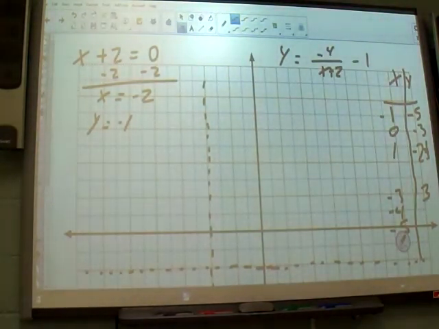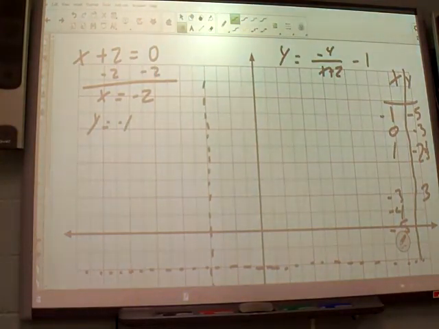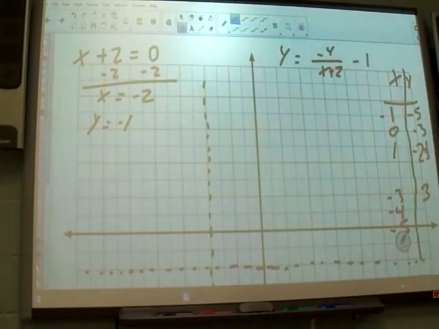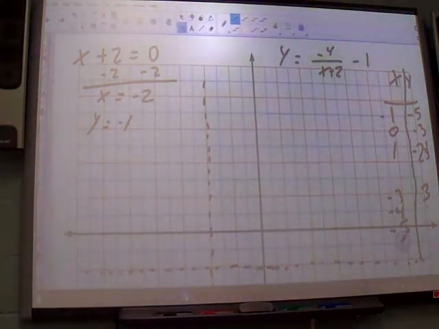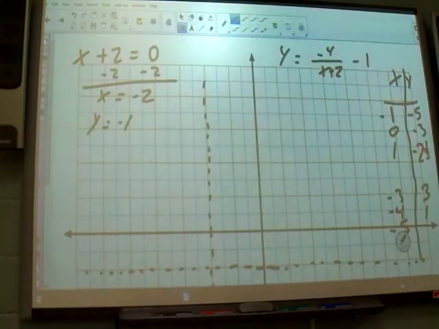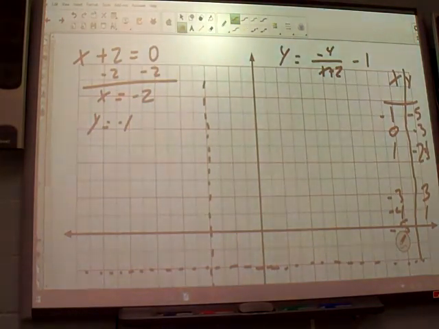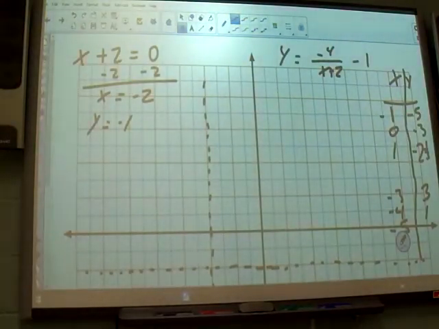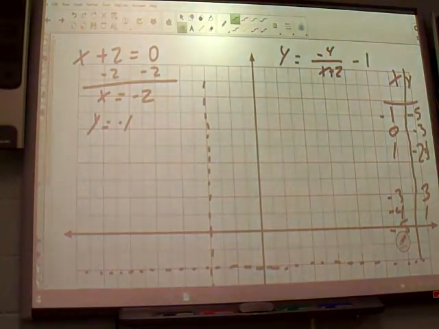So -4 plus 2 is -2. -4 divided by -2 is 2. So 1. And I got one more. -5. So that's -3, so that's 1 1/3 minus 1 is 1/3.